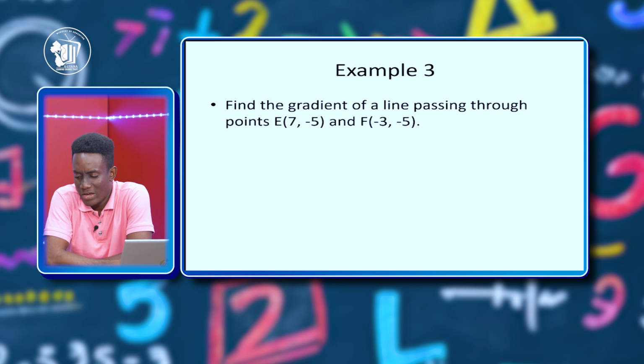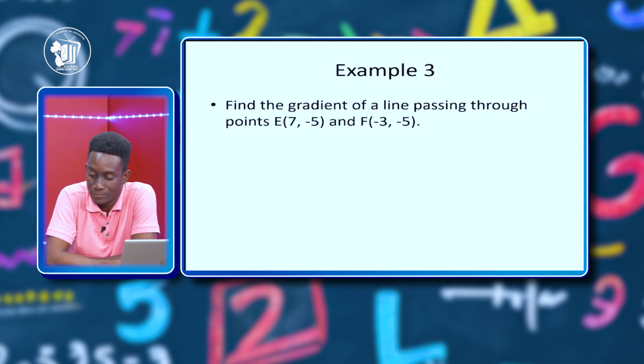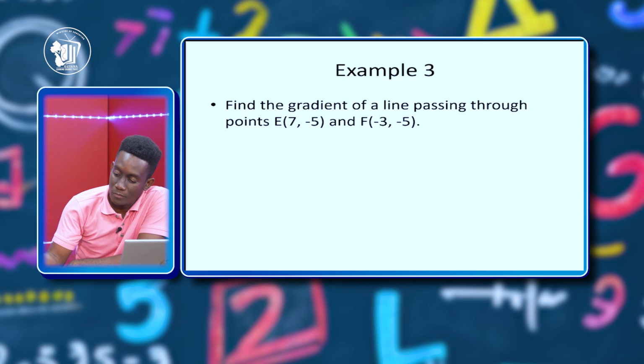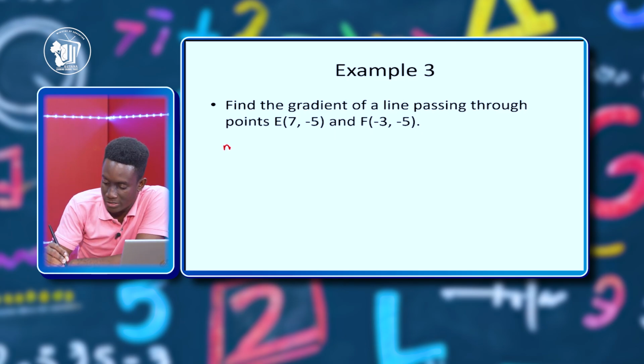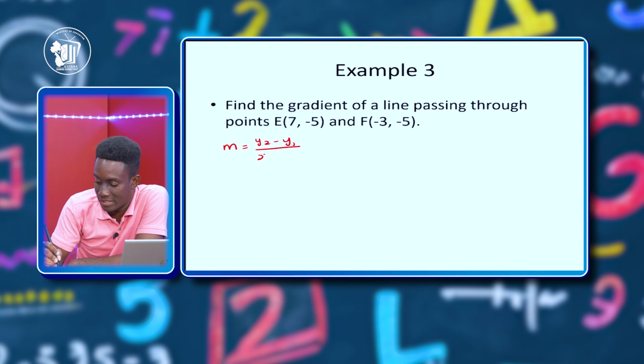So this one says, find the gradient of a line passing through the points E and F. So at point E we have 7, -5, and F we have -3, -5. So first of all, we set up our formula. The gradient is equal to the change in y over the change in x. So we know the change in y is y2 subtract y1, all divided by x2 subtract x1.